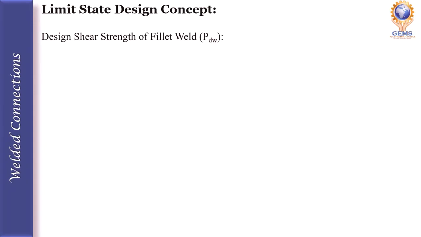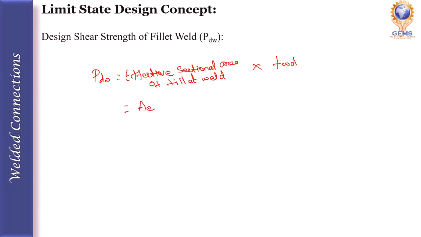So our design shear strength of fillet weld, PDW, is equal to the effective sectional area of fillet weld into the design shear capacity of fillet weld. The design shear capacity of the fillet weld is the effective area AE into FWD.